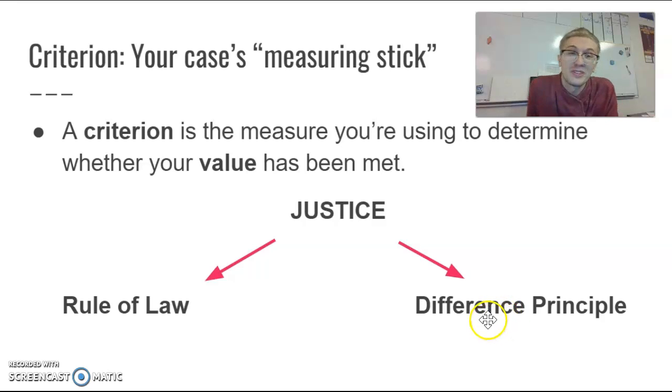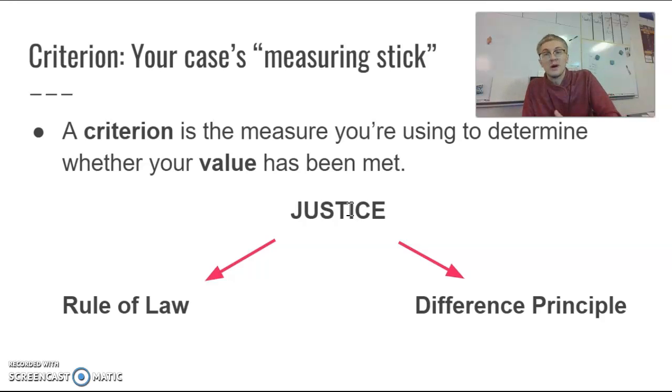So in the difference principle, someone might say that in that earlier example of someone stealing because they're in poverty, a just society wouldn't punish them that severely because they are already getting beaten up by the world.